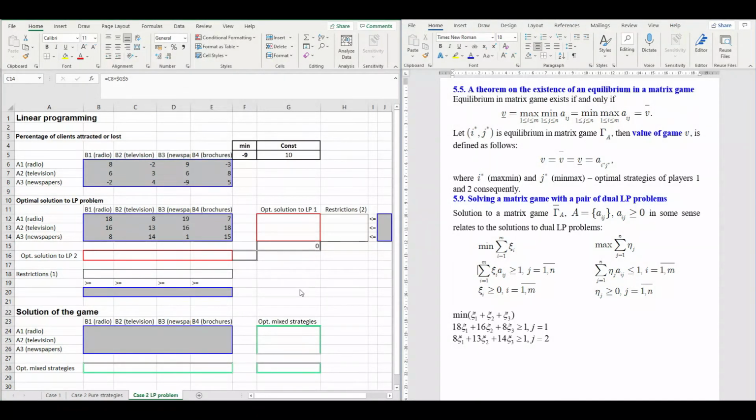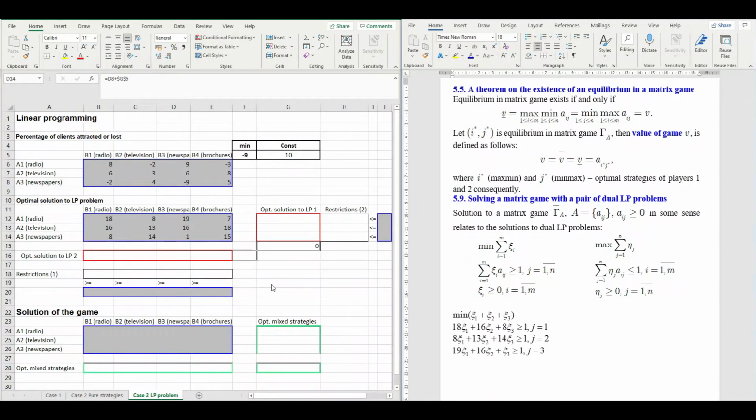The next restriction we consider for the third pure strategy of the second player. Therefore we need to consider the third column of our table, and the restriction will be the following: 19 times xi1 plus 16 times xi2 plus 1 times xi3, and it should be not less than unit. Let us add this restriction into the mathematical model.